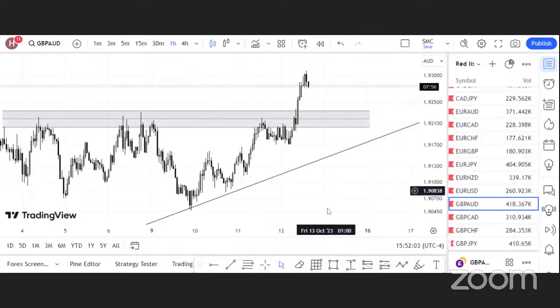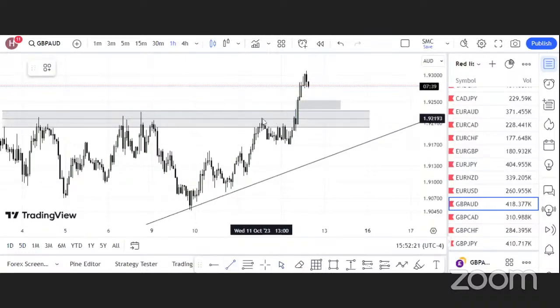Now, if you want to buy, let me say the market will go up from this area. When this market comes back here, the market will just continue to go up. Why?